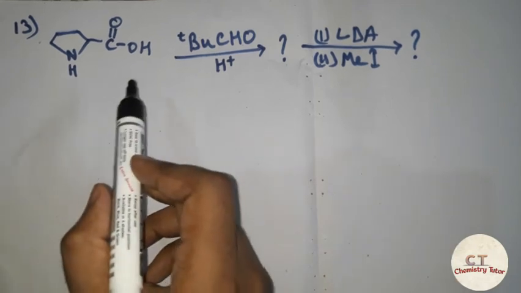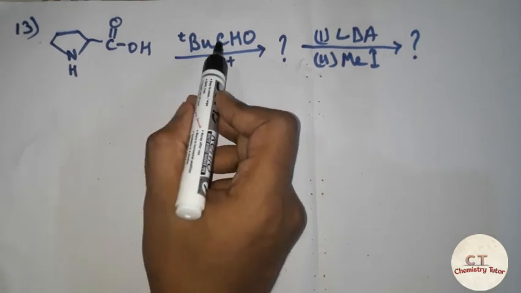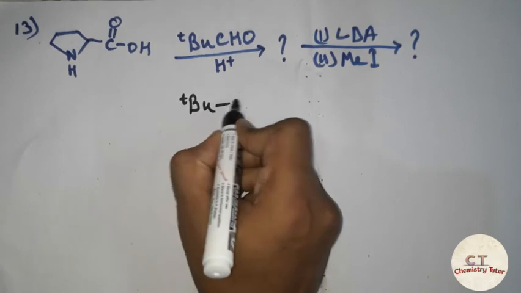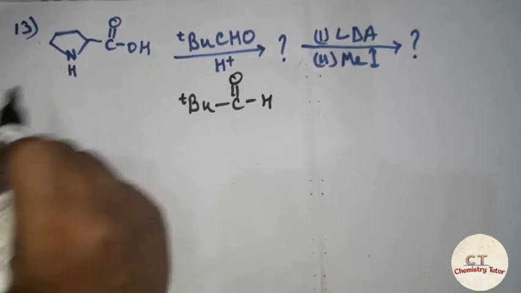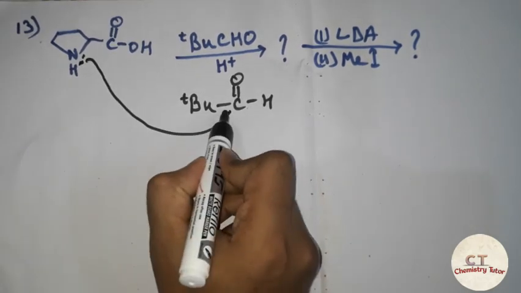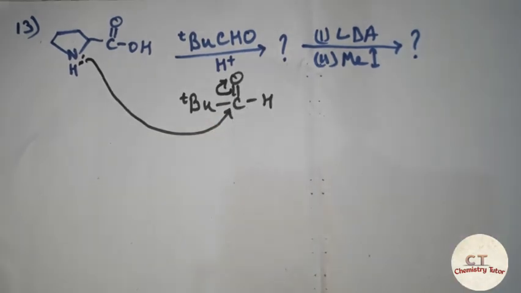So in this question, what are the products formed here? First of all, a tert-butanol is given. I can write it like this: tert-butanol. It is an aldehyde. Here, the lone pair on the nitrogen is going to act as a nucleophile, and it is going to attack the carbonyl carbon, and a negative charge will be on the oxygen atom.